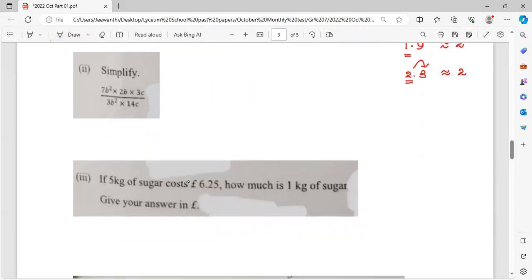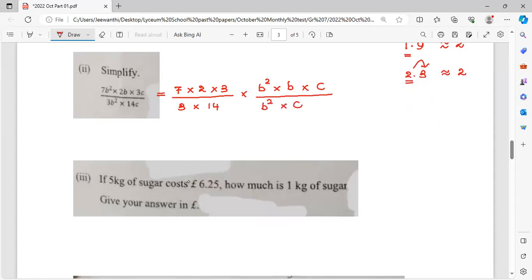Correct. So then the next one, we want to simplify. What you do, children, is first you take the numbers. 7 times 2 times 3 divided by 3 times 14. Then you have b to the power 2 multiplied by c, and at the denominator you have b to the power 2 and c.